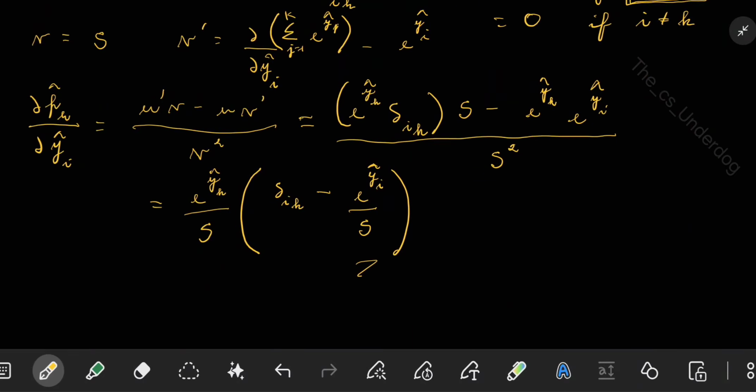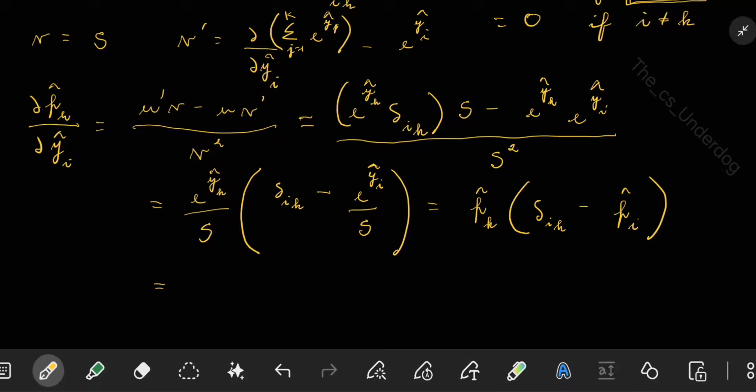I will substitute pk cap here, which means this will become pk cap into this del ik will remain as it is, del ik minus, what is the second term? This is pi cap. If this is pk cap, then this is pi cap, e power yi cap by s. So it will be pi cap.